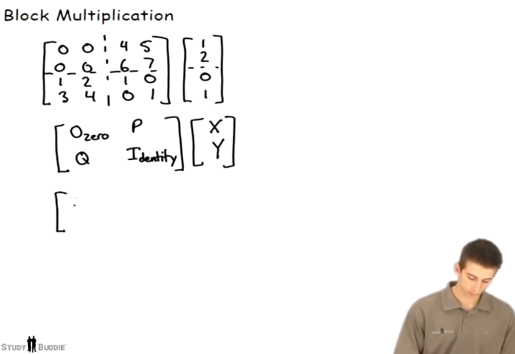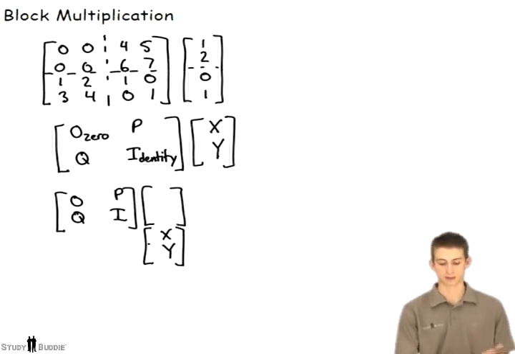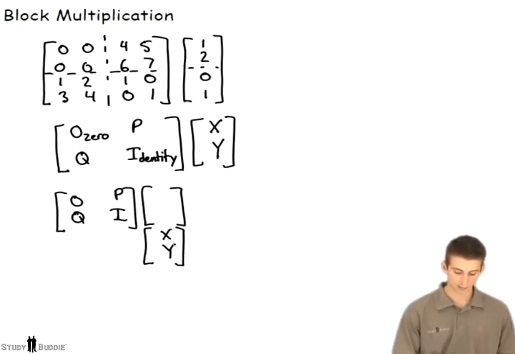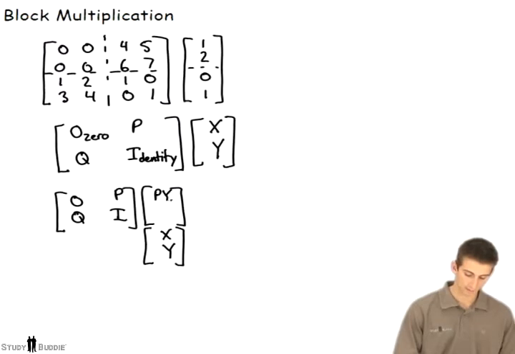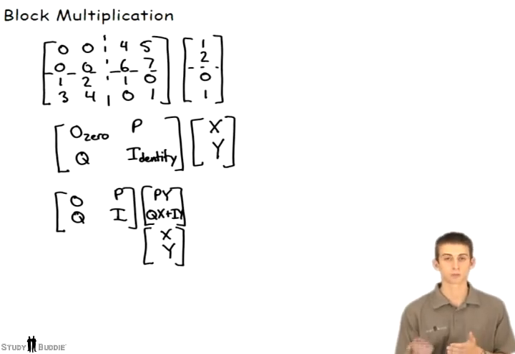If I wrote this out, following the same steps as previously, times XY, we'd end up with 0 times X, and as we explained before, 0 times any matrix will be 0, plus P times Y, so we're just going to have P times Y. Then Q times X, plus I times Y. And I didn't explain it before, but if we multiply the identity matrix before a matrix or after a matrix, they will have the same result.